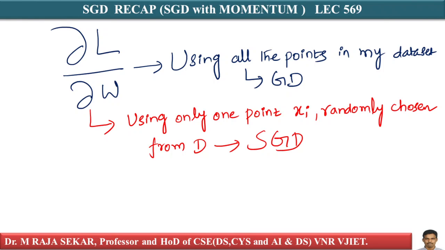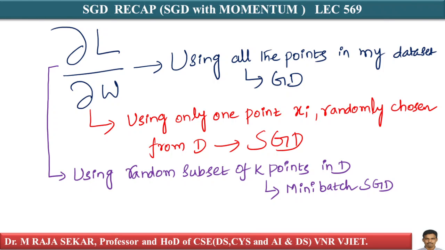Instead of these two extreme cases, let's take a middle path using a random subset of k points in D. What is my D? D equal to (xi, yi), i equal to 1 to n. If you take a random subset of k points, this is called mini batch SGD, isn't it?